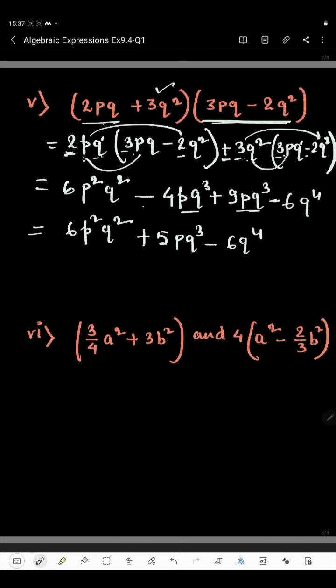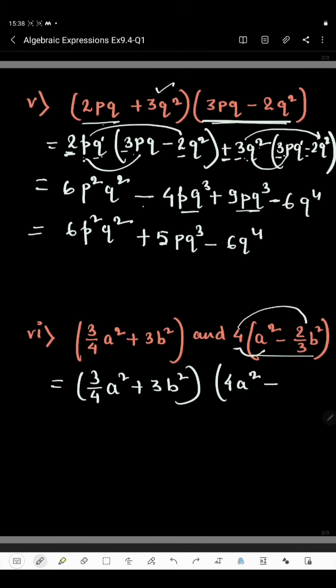Okay, now coming to the sixth part. In the sixth part we have 3 by 4 a square plus 3b square, which will be multiplied by 4a square minus 2 by 3 b square. Now here this is a monomial and this is a binomial, so we will multiply this to get the binomial. Okay, so 3 by 4 a square plus 3b square, and here if you multiply this we'll get 4a square.